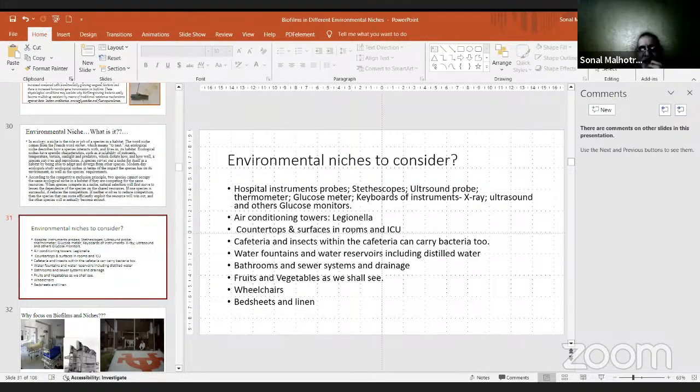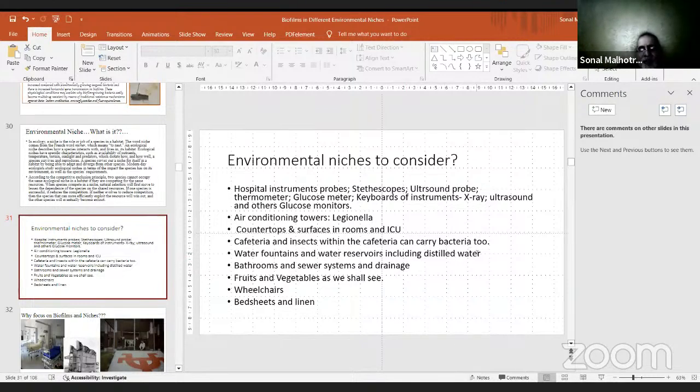Countertops and surfaces in rooms and the ICU can get infected, as biofilms can actually grow there. In cafeterias and insects, people have isolated many pathogenic bacterial species from cockroaches. That's just an example, and cockroaches are very common in cafeterias. Water fountains and water reservoirs, including distilled water.